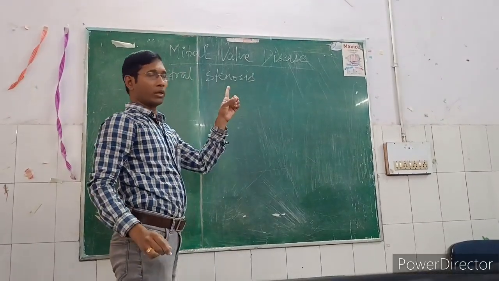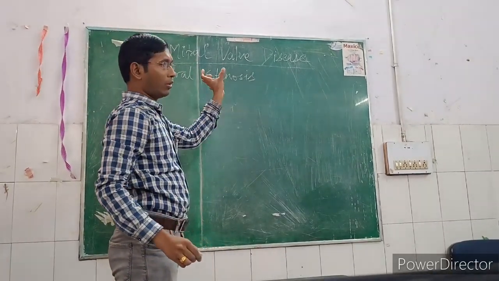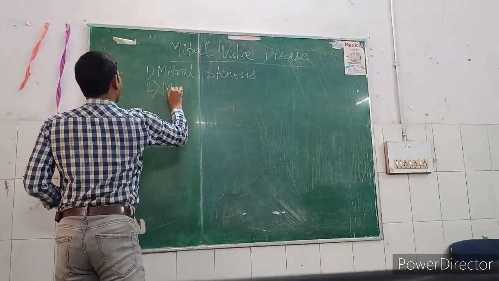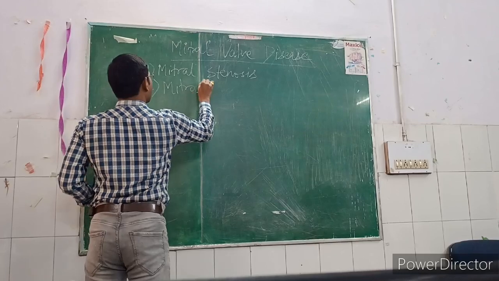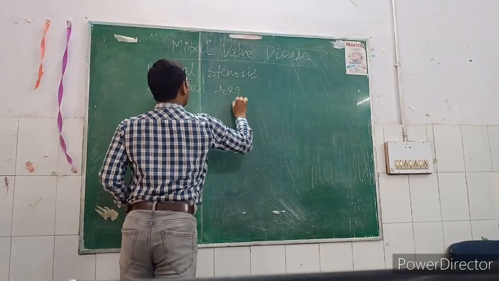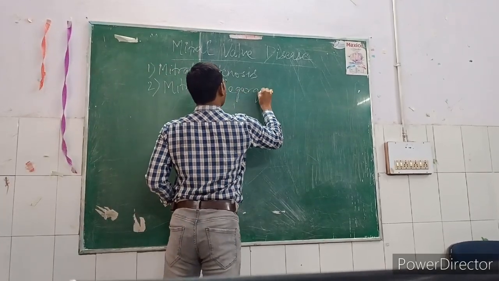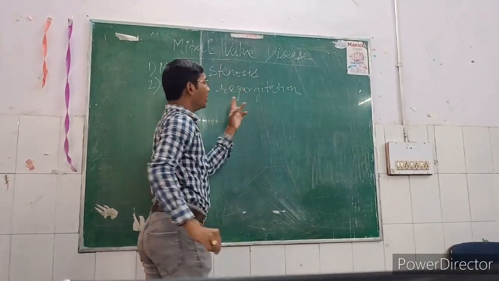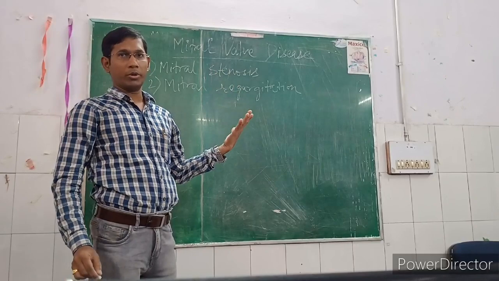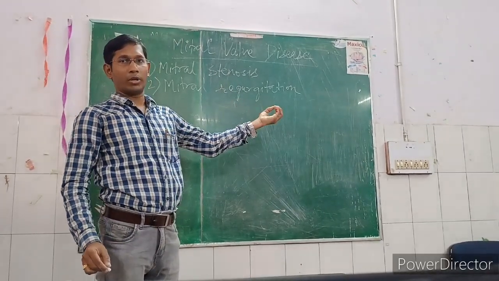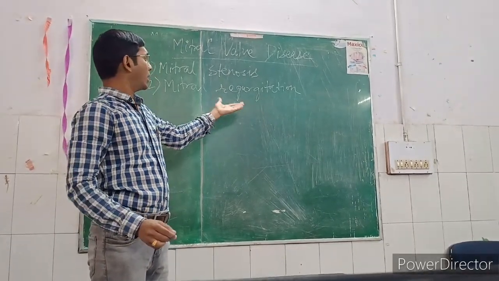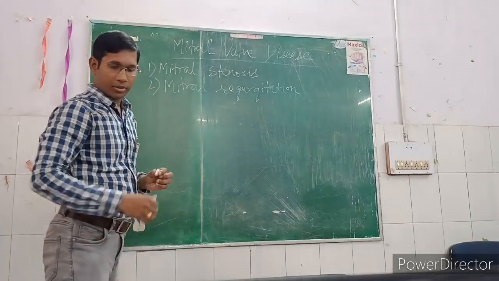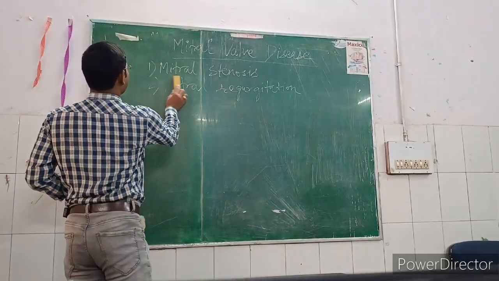Stenosis means narrowing of the mitral valve, and another will be mitral regurgitation, which is backflowing. It means somehow the mitral valve has been dilated, and that's why there is backflowing. So let us start with mitral stenosis.